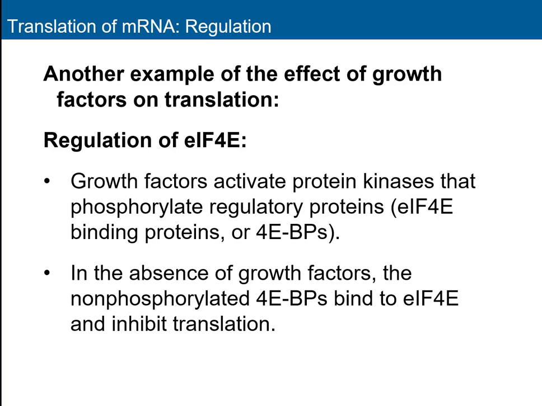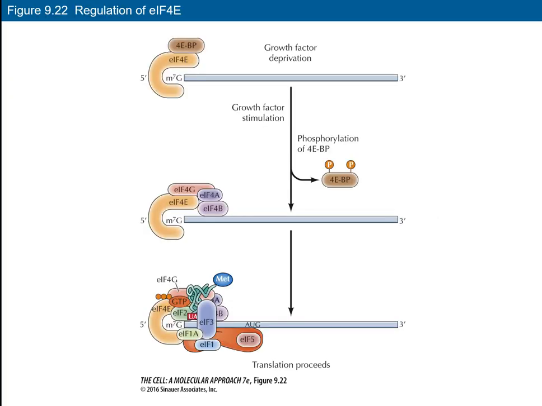All right. So here's another example of the effect of growth factors on translation. So here's another initiation factor. I don't know that I'm that concerned about the details of these two, but they are two examples that have a common theme. It's phosphorylation, okay?